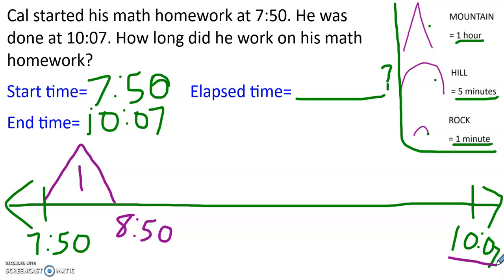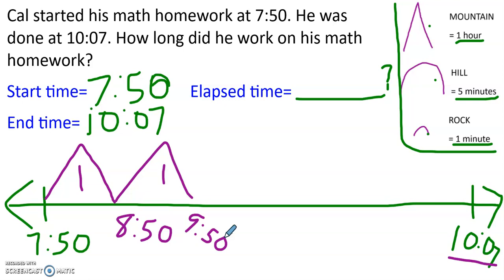So 7:50 plus 1 hour gets me to 8:50. Can I make another jump of an hour? Yes, because 8:50 plus 1 hour is going to put me at 9:50. And it's a good idea to make your labels down here kind of slanted so you have room. So 8:50 plus 1 hour puts me at 9:50.